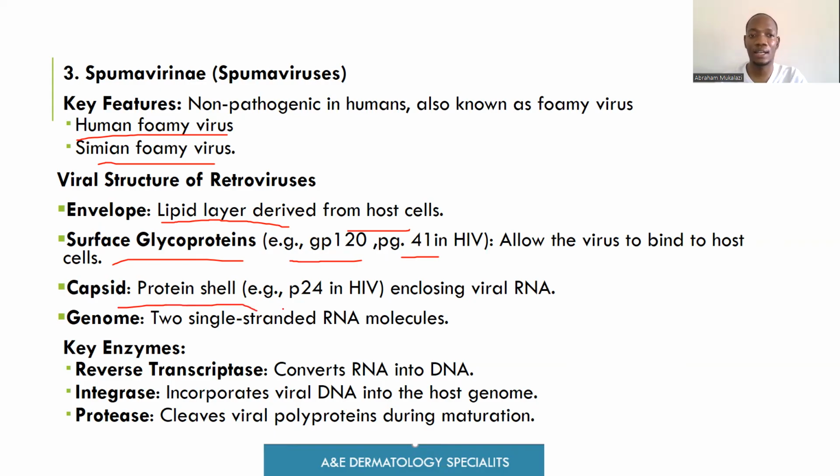They have a protein shell that is encoded by the gene P24, and they also have a single-stranded RNA genome. They have special enzymes, the reverse transcriptase that I talked about, integrase, and then proteases that help in infection.